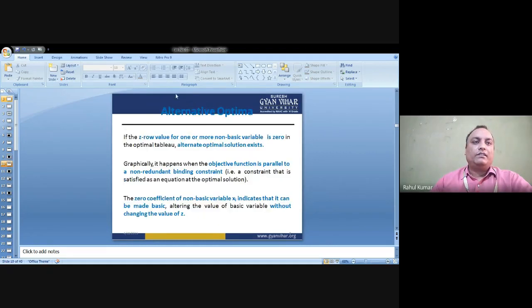Then move to the second type of problem. This is an alternative optima problem.